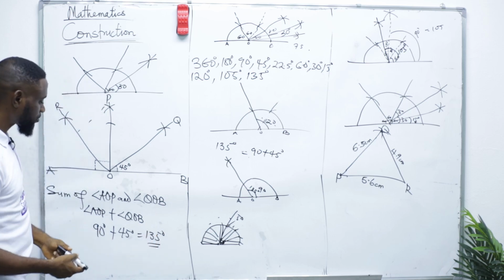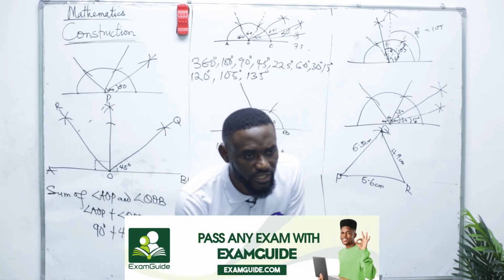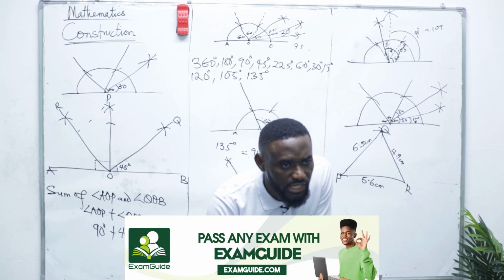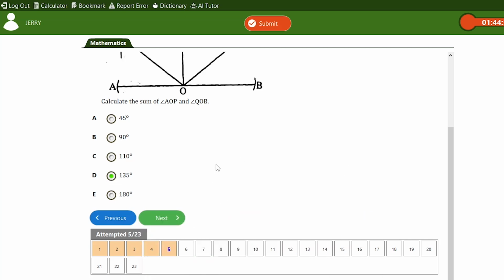If you look there, we have 135 degrees as one of the options, and that is the correct option when we add angle AOB and angle QOB. So it's 135 degrees. All right?